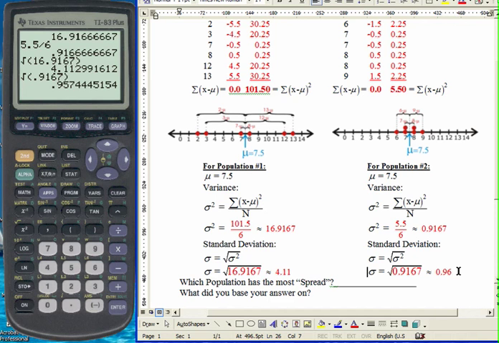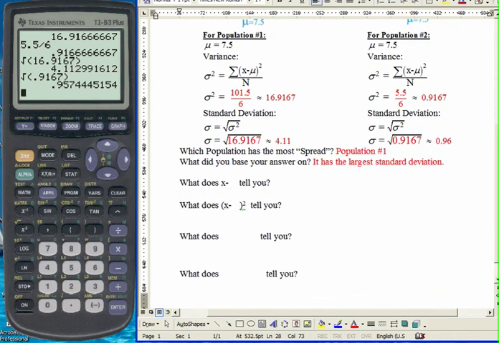If you want an idea of what the average distance is between the data values and the mean, that's what the standard deviation tells you. And when you do it for different populations, you can tell which one has the most spread. So which one has the most spread? Population 1. The bigger the standard deviation, the bigger the spread. The smaller the standard deviation, the smaller the spread. And so, that's what we based our decision on. It had a larger standard deviation.